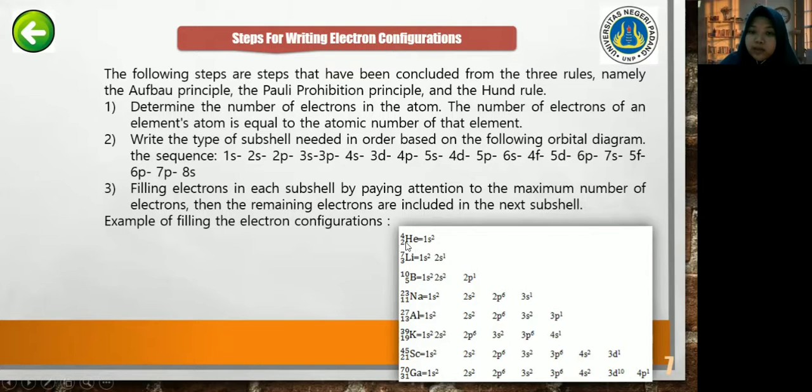For 2He, the configuration is 1s squared. And the next we can see in this picture too.